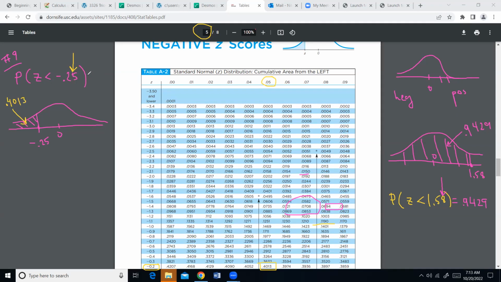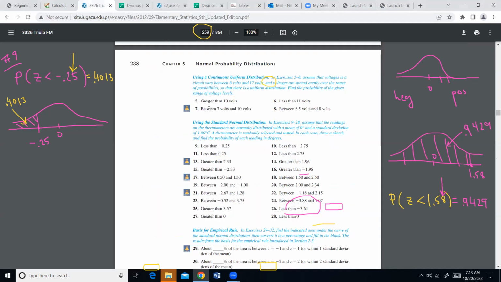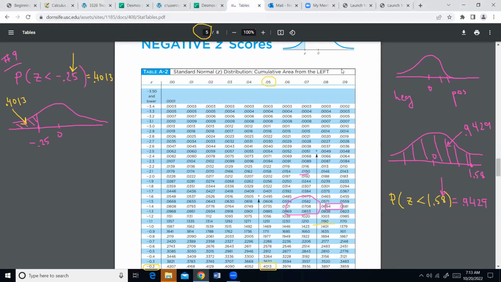And this means that my probability is also 0.4013. So this is the answer for the exercise we just saw, problem number 9. So when it's less than, it's always coming from tables. Once again, if I go back to the tables, you can see that they give area from the left. No matter what, it's always area from the left. That's how the table is constructed.